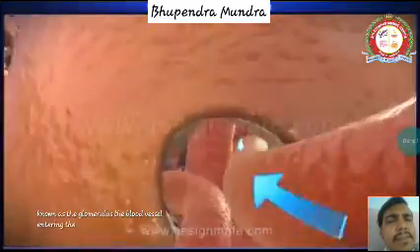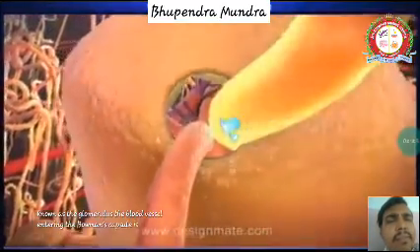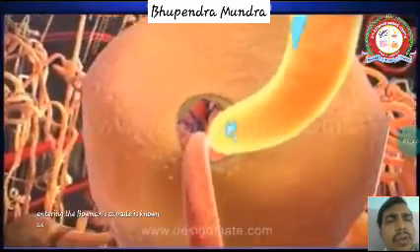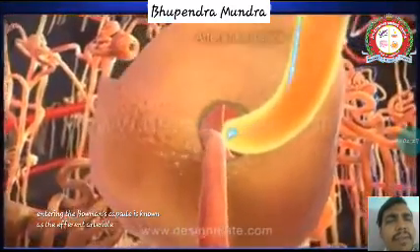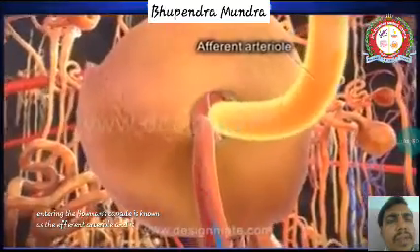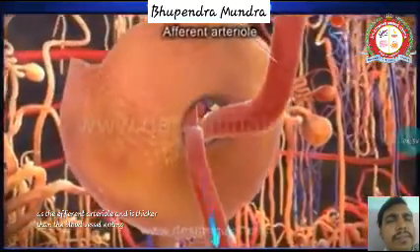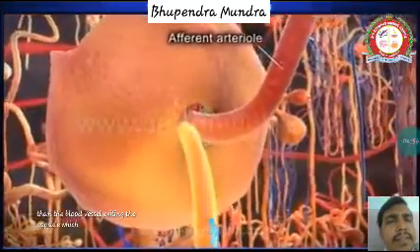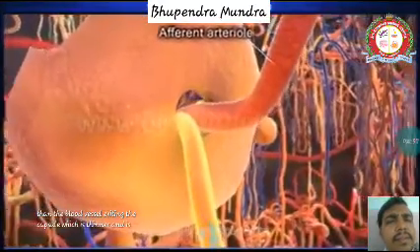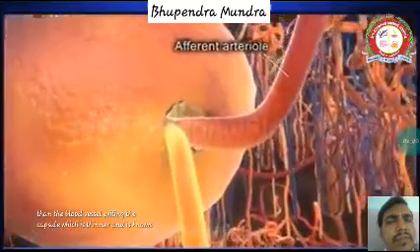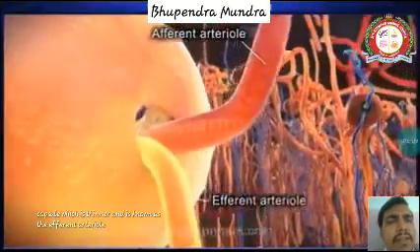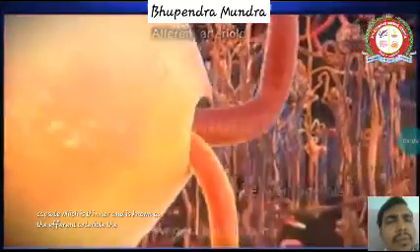The blood vessel entering the Bowman's capsule is known as the afferent arteriole and is thicker than the blood vessel exiting the capsule, which is thinner and is known as the efferent arteriole.